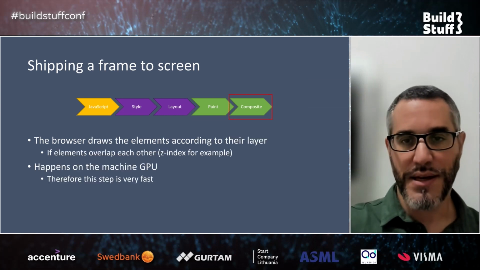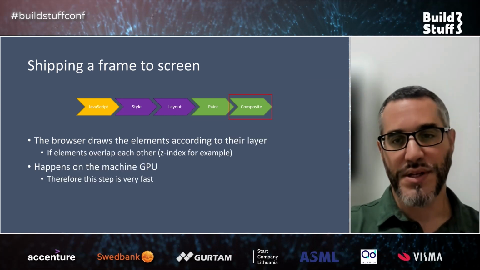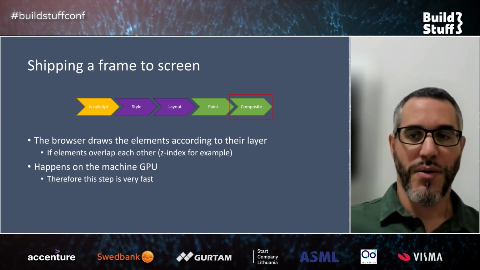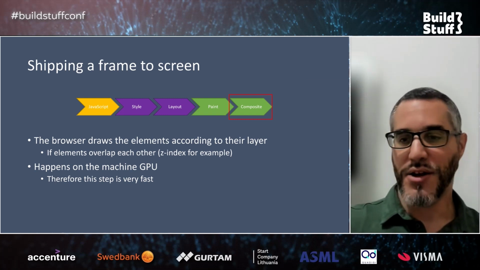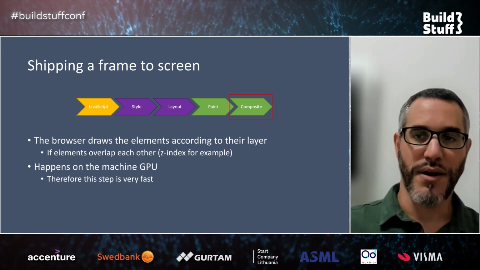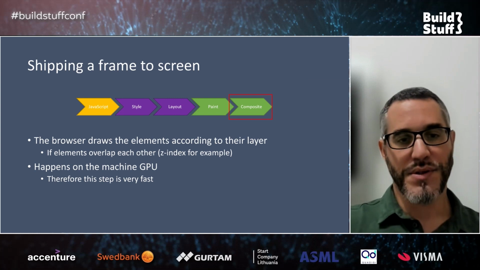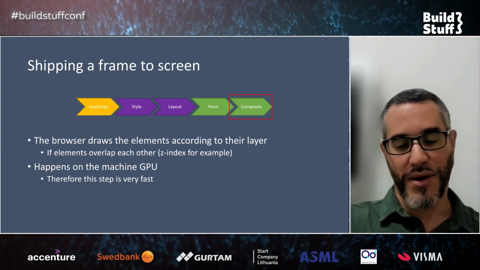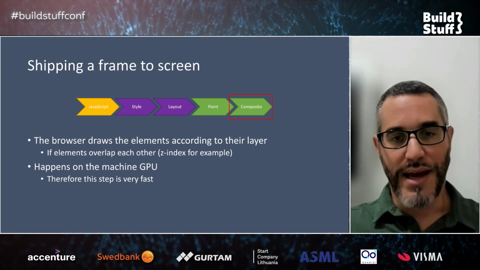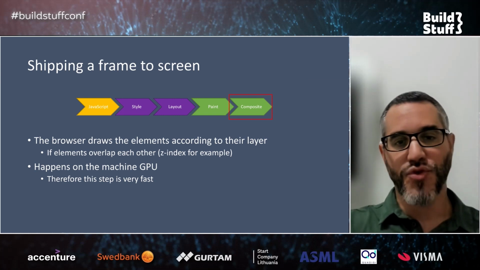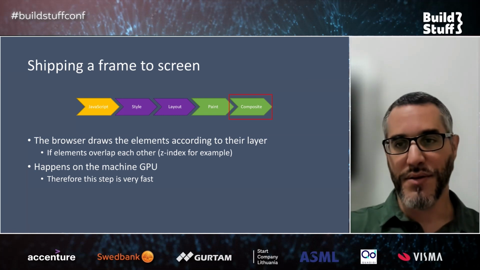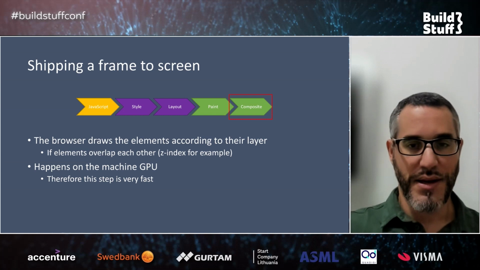Last but not least, in the process, the composite step. Whenever you're doing something like z-index and you're enforcing some layers of elements, then the browser needs to draw the elements according to the layer that you provided.